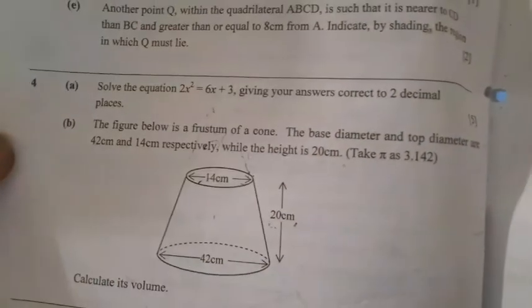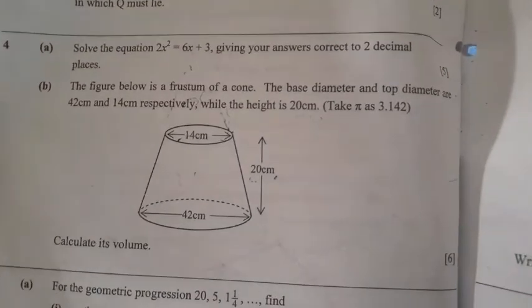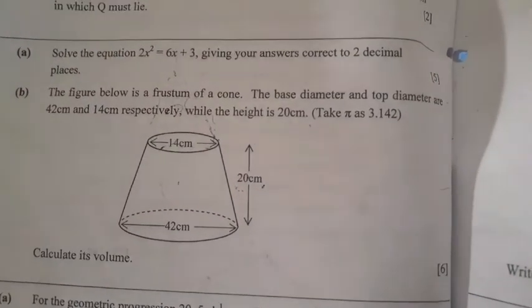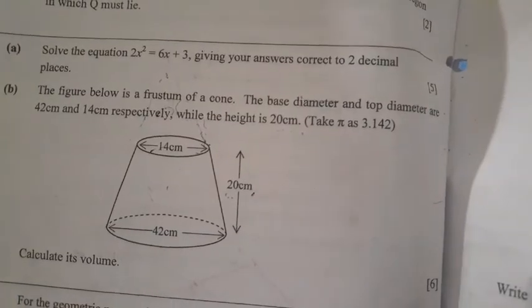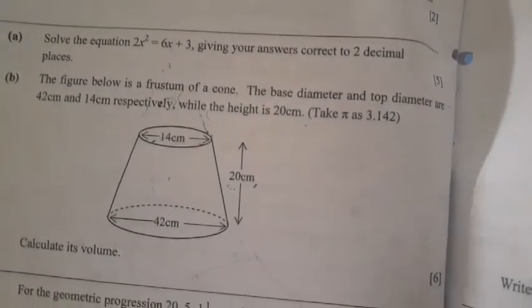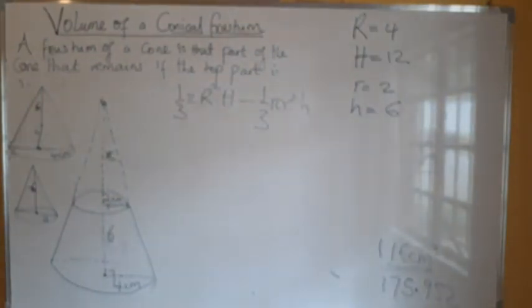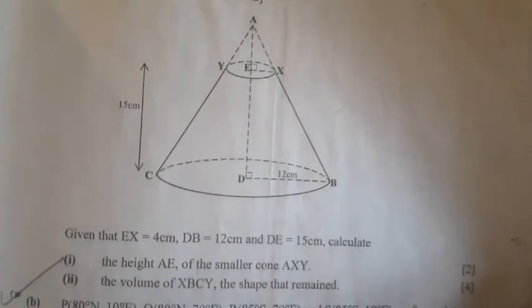Then we also have this question here. You see what I was talking about? Here you've been given diameters. So you need to make sure you find half of those to apply in the formula. Okay. Then we also have this question here. Read this question.